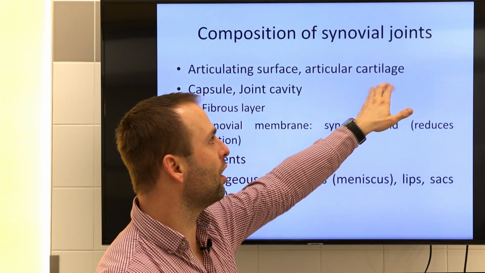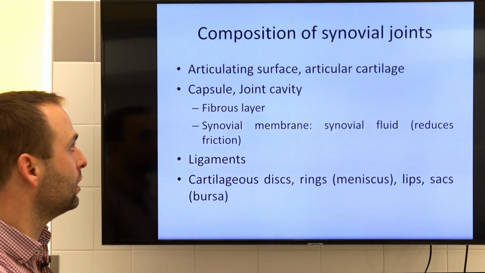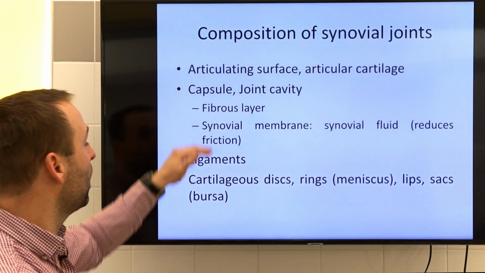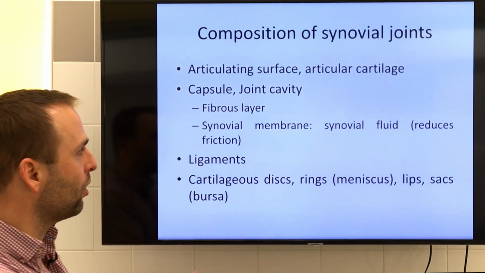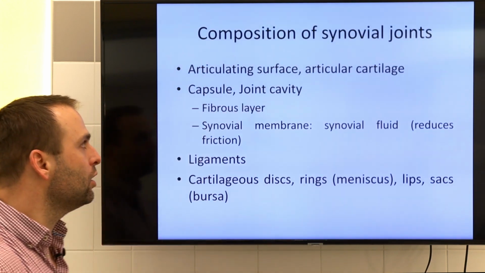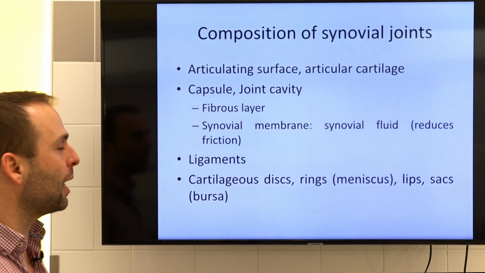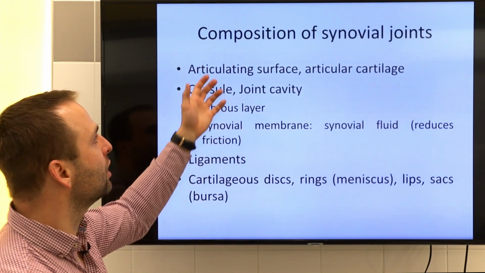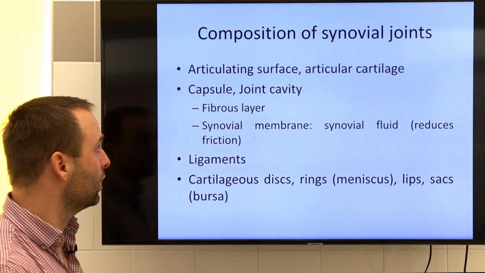These have to be covered by a layer of cartilage tissue. This is the articular cartilage. Then it has to be surrounded, encapsulated by a connective tissue layer, which is the capsule. And also you need to have a joint cavity, which is surrounded by the capsule, and that includes the articular surfaces covered with the articular cartilage.